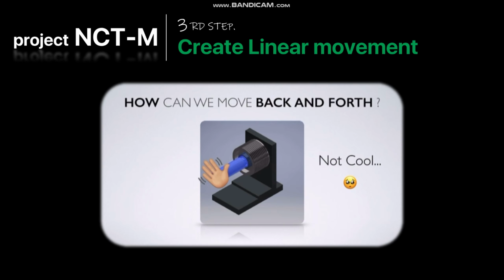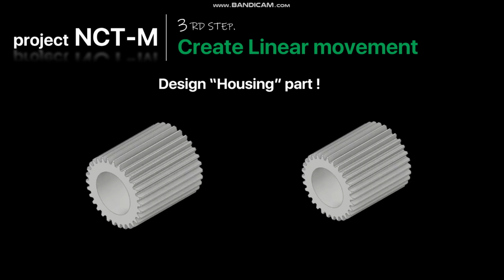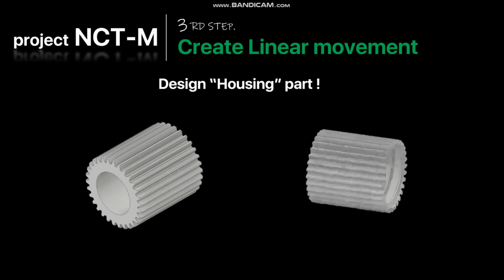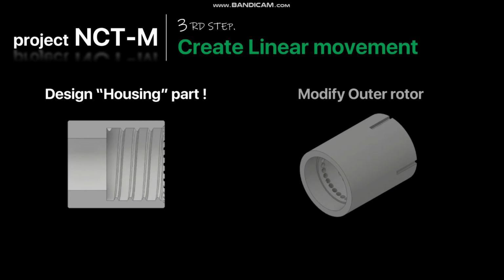To move the inner rotor most efficiently, we once again designed a housing part to attach on the inner rotor. On the outside, we make some teeth like this. And inside, we made thread like this. After designing the housing part, we modified our outer rotor.